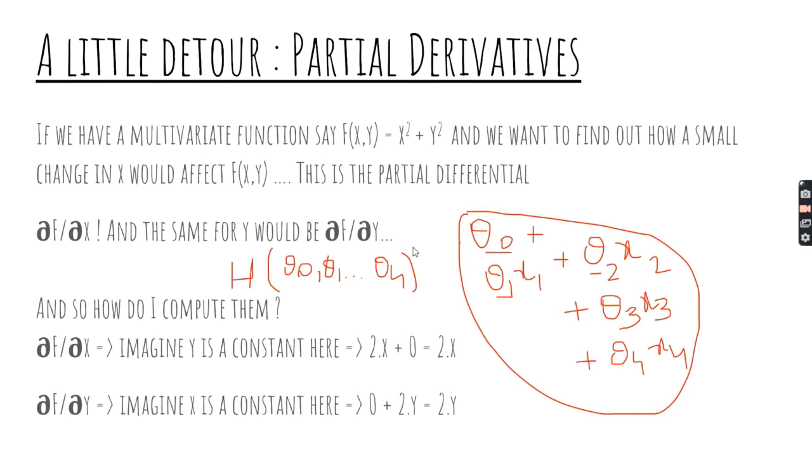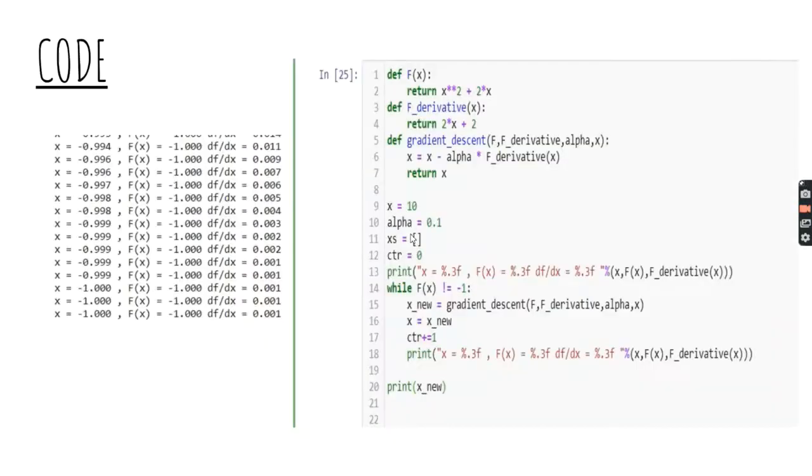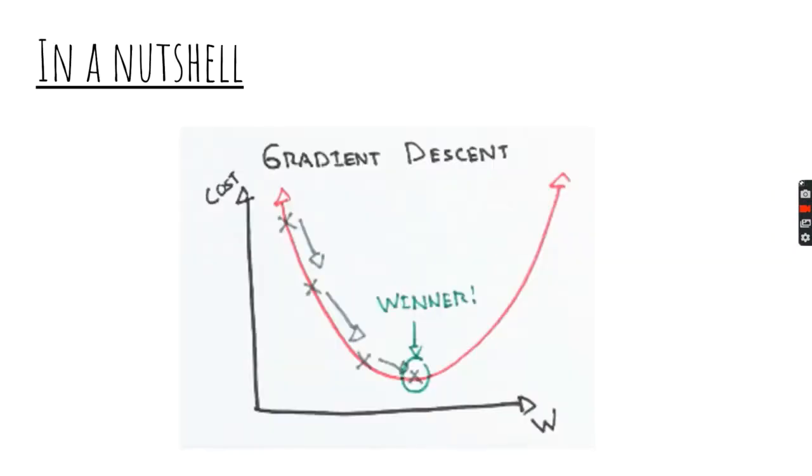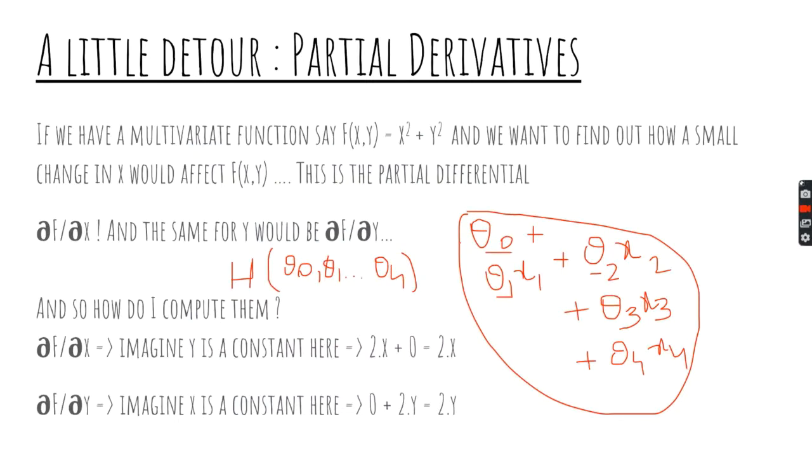So the interesting question here is, what do we do when we need to do something similar to what we did here, computing the slope and all that, when we have more than one variable? Well, what we could do is just change one variable and keep the others as they are.